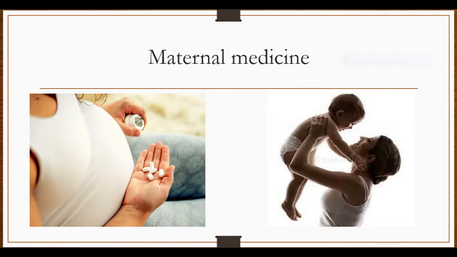After delivery, you will see your physician again, so that you can be given the medicines which are safe while breastfeeding. And don't forget aspirin, don't forget folic acid and thromboprophylaxis. In most of the medical disorders, you will have to discuss all these things, especially thromboprophylaxis.